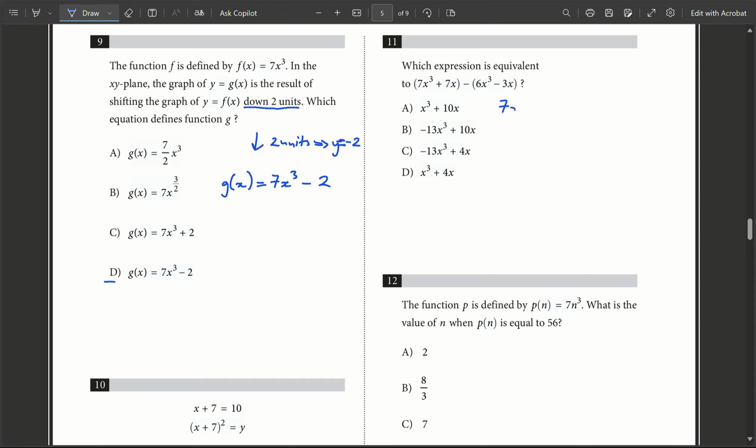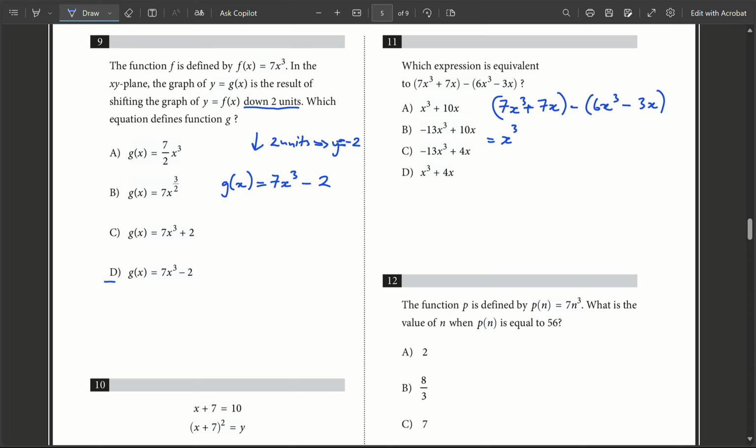So we have 7x cubed plus 7x minus 6x cubed minus 3x. So what we're going to do is to group like terms together, meaning x cubed and x cubed will be together. So that leaves us with 7x cubed minus 6x cubed, that is 1, that's x cubed, and then plus 7x minus 3x.